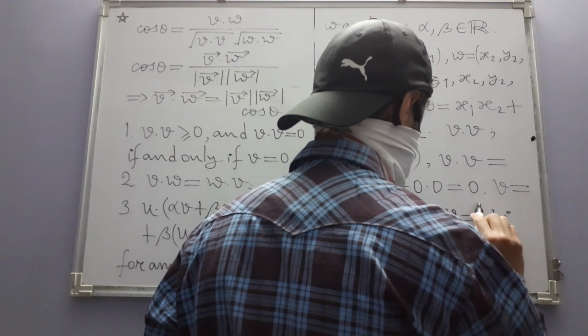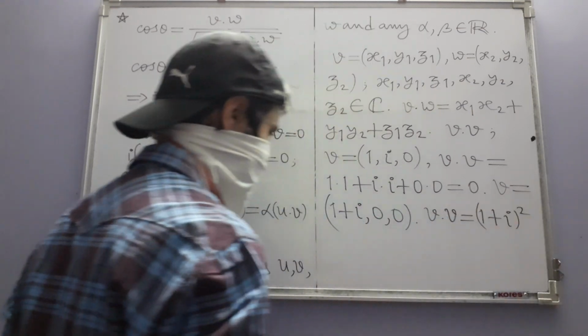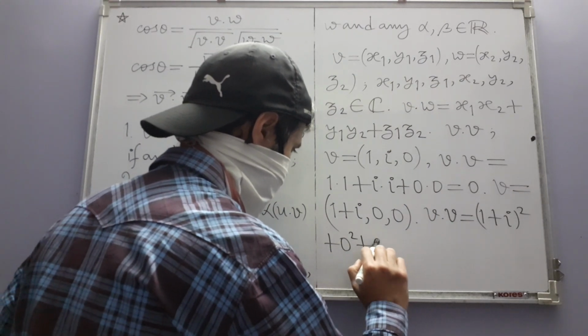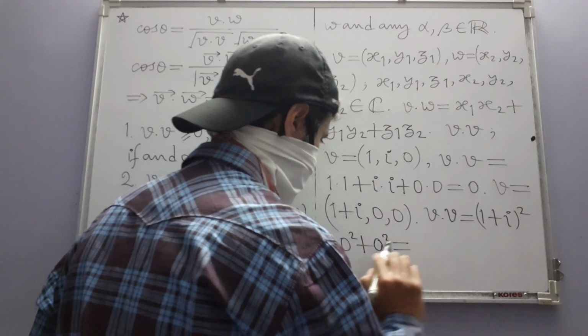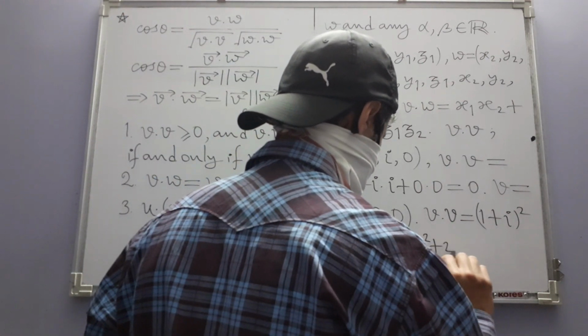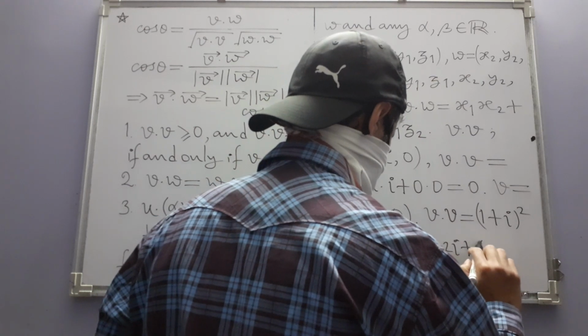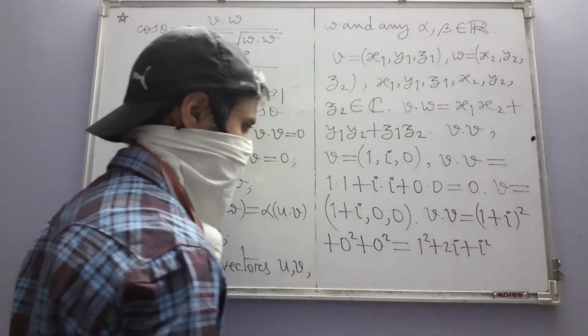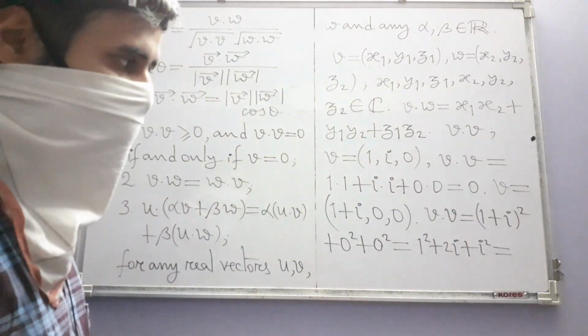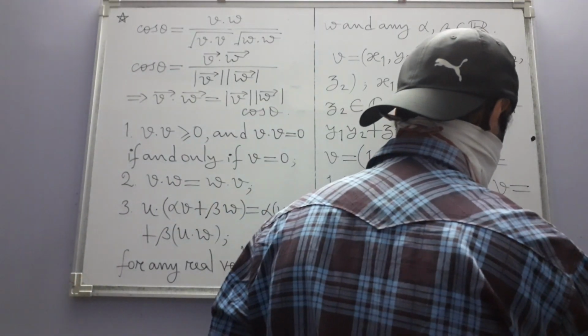It is 1 plus i whole square plus 0 square plus 0 square. 1 plus i whole square is 1 square plus 2i plus i square, and 0 square of course we need not write. 1 and i square, they cancel out and we are left with 2i.